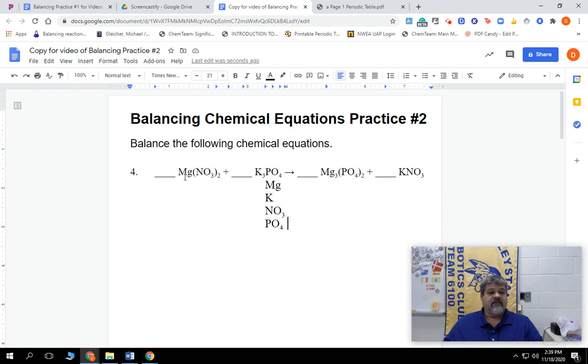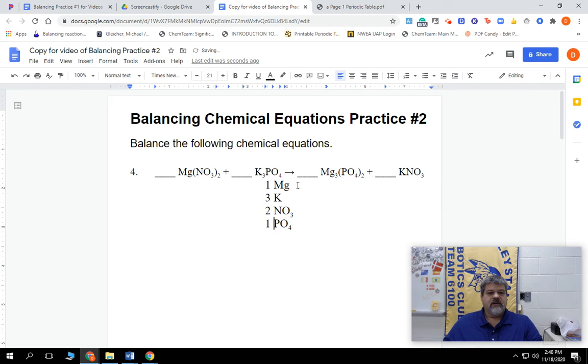So how many do we have? Magnesium here: there's no subscript, so we only have one magnesium. Potassium, we have 3 subscripts, so we have 3 potassiums. Nitrate is in parentheses, so this tells us how many we have: 2 nitrates. And our phosphate, since it's not in parentheses, we only have 1.